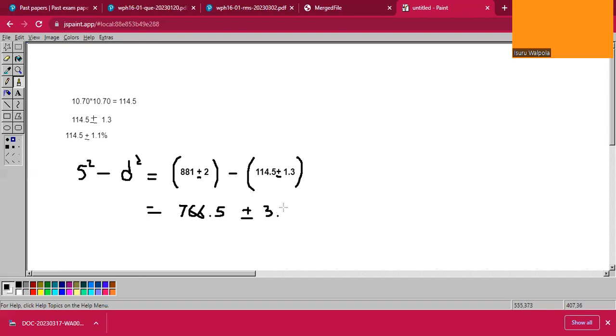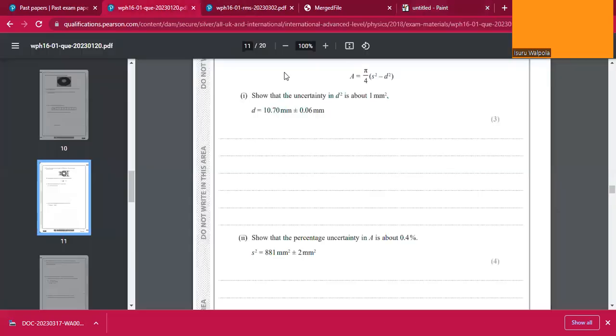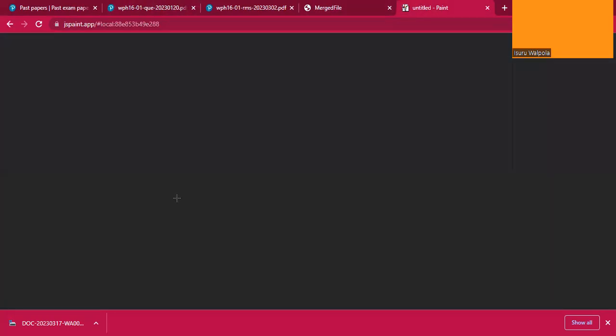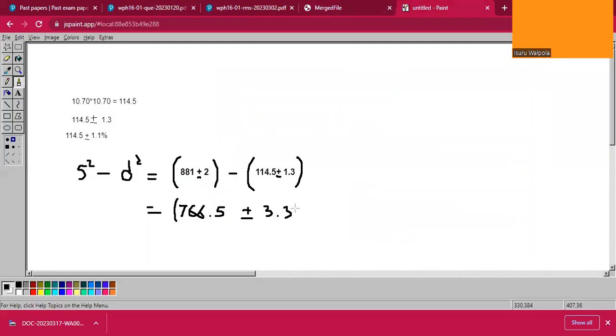I'm still okay with the significant figures of the uncertainty, because if I add or subtract 3.3 from 766.5, I'm still going to have the same number of SF, and I have not done the final rounding yet. Now in the formula, it's pi by 4 into this. Now you have to imagine what happens. A pi by 4 comes and multiplies with this whole thing. I'm going to change this into an arrow because I'm adding stuff.